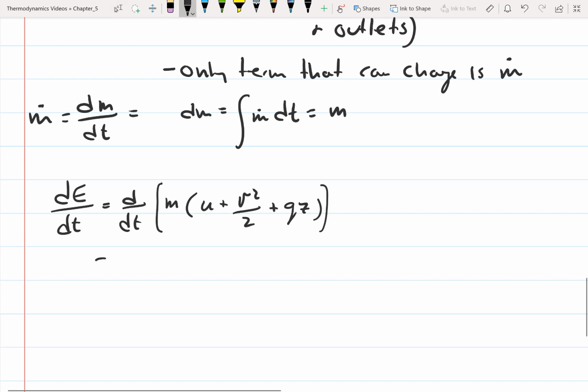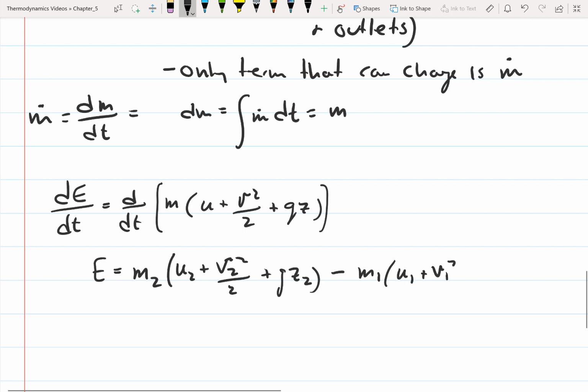Remember, with this m2 and m1, this is referring to state 1 and state 2, not the inlet and outlet. So we have m2 multiplied by u2 plus v2 squared over 2 plus gz2, minus m1 times u1 plus v1 squared over 2 plus gz1.